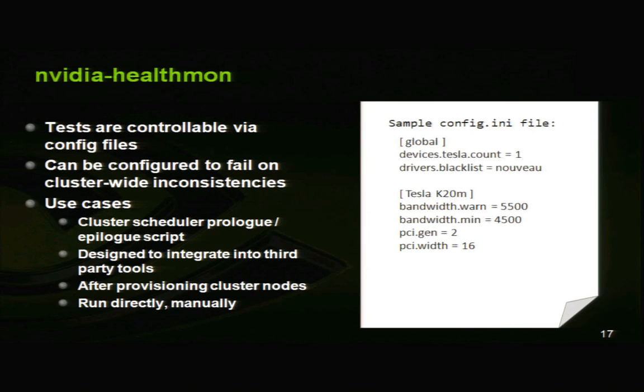So there are several use cases for the nvidia-healthmon tool. For instance, you can integrate this healthmon script into cluster scheduler prologues or epilogues. It's designed to integrate into third-party tools, of course. If you have provisioned a node, you can run nvidia-healthmon in order to check if this node is running well, or you can run it directly, manually.